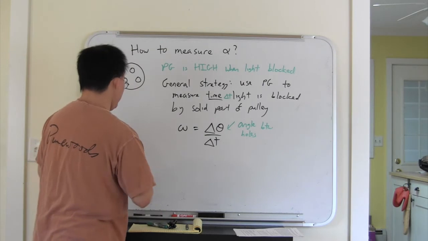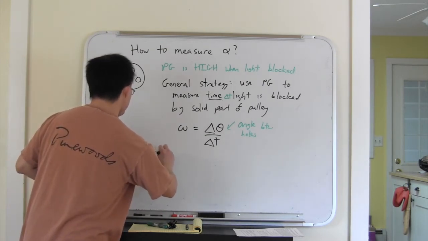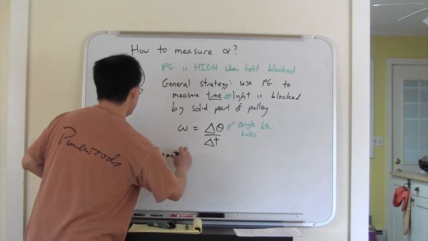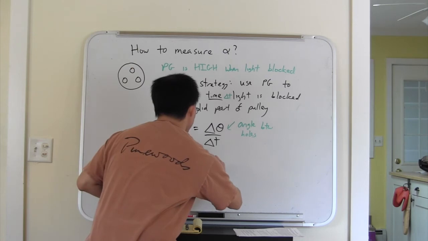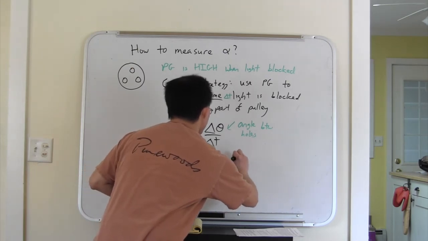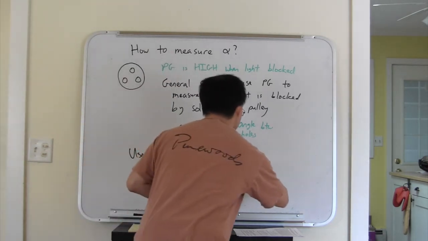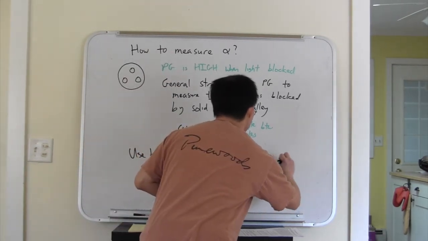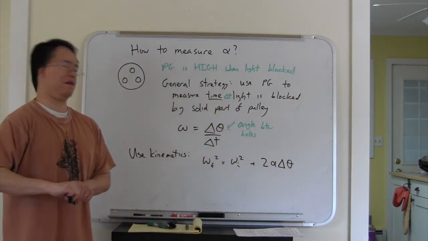So use kinematics, namely omega final squared equals omega initial squared plus 2 alpha delta theta.